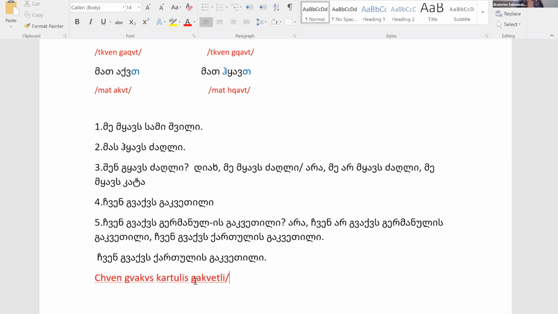Okay, Stephen. Chwen gvags. What about we don't have? Chwen ar gvags kartulis gagwetili. Okay, what about a German lesson? We don't have a German lesson.